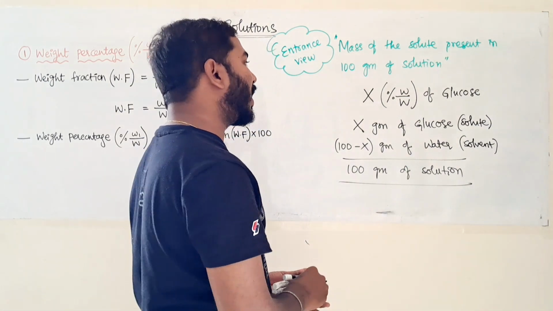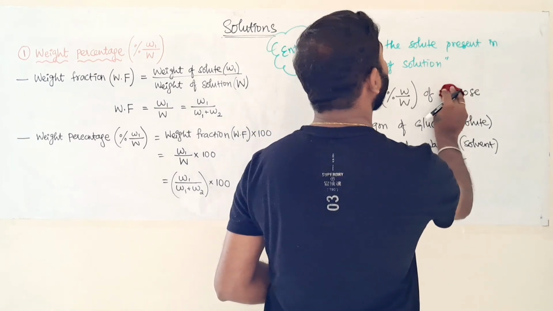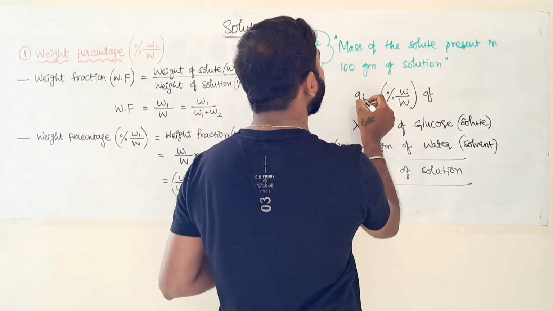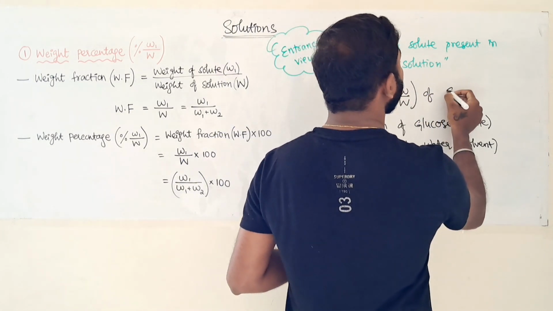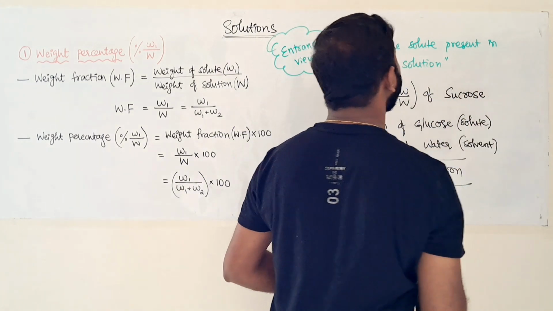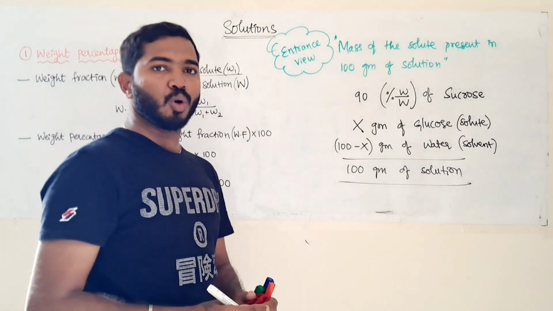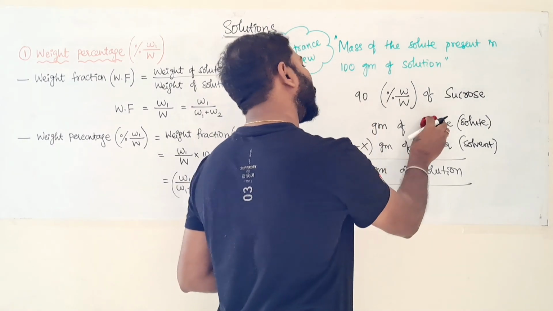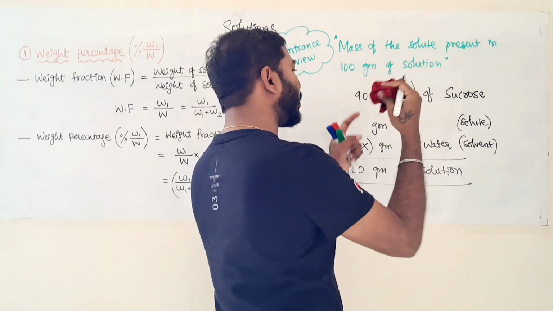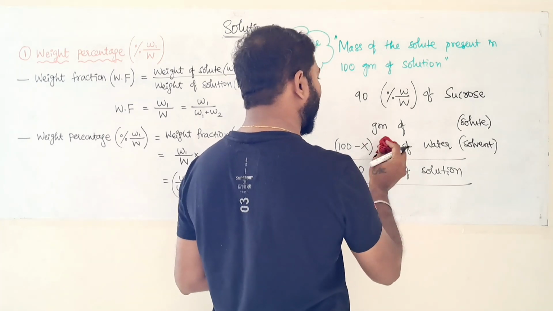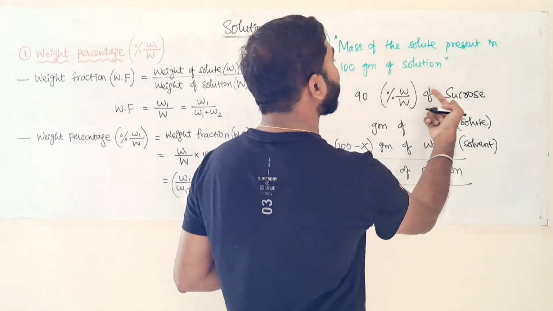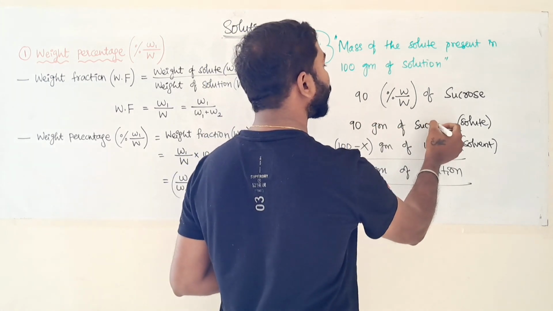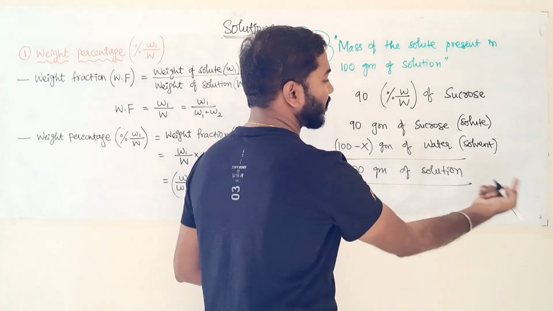Let me give one example to understand this in an easier way. Let me take 90 weight percentage of sucrose. What does it mean, sir? Please try to write down your answers, or try to make them out; I'll be discussing anyway. 90 weight percentage of sucrose means 90 grams of sucrose present in 100 grams of solution.